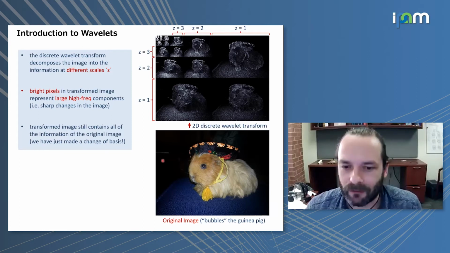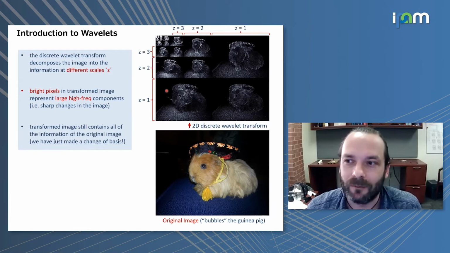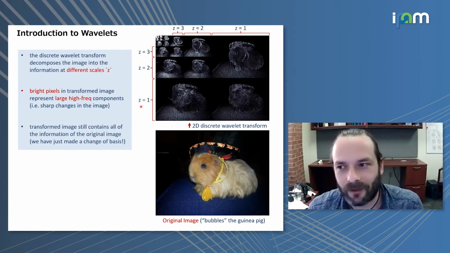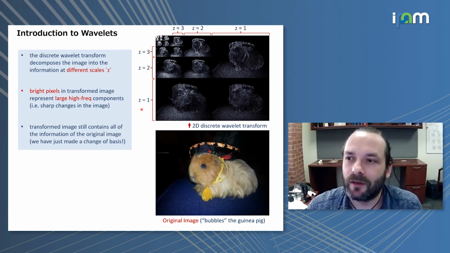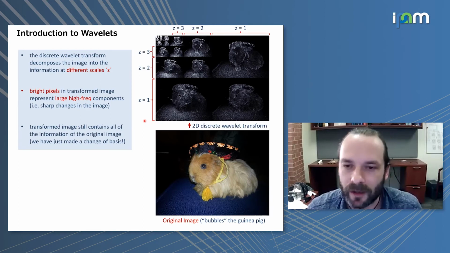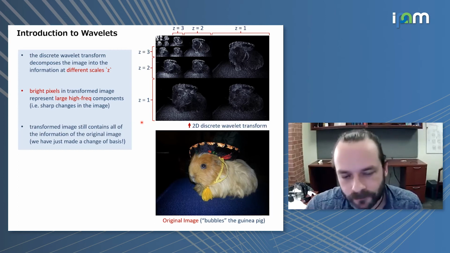Otherwise, if the image is relatively smooth in a place, then the wavelets are designed in such a way that the coefficients will be close to 0. And just to be clear, this transformed image is just a unitary transformation, so we still have all of the information at this point. We've just changed the basis that we represent the image in.